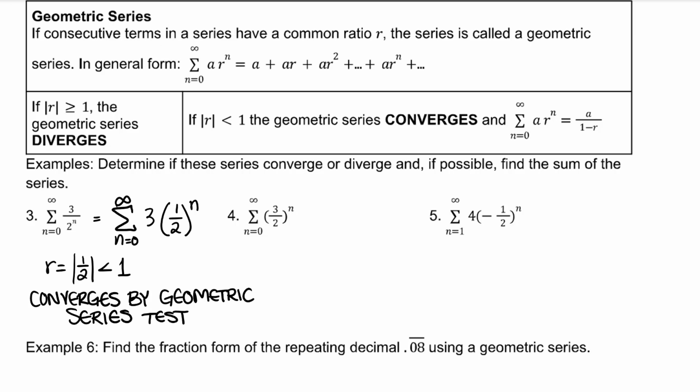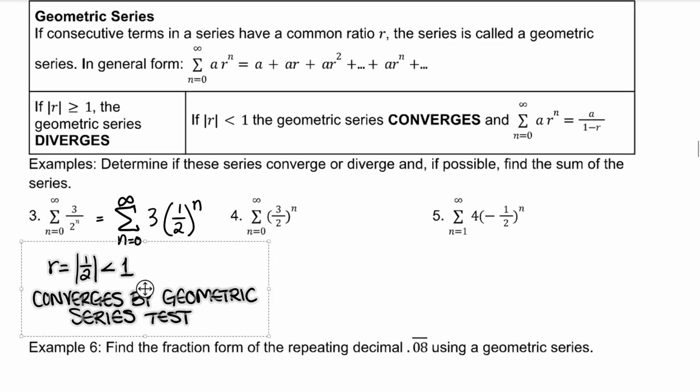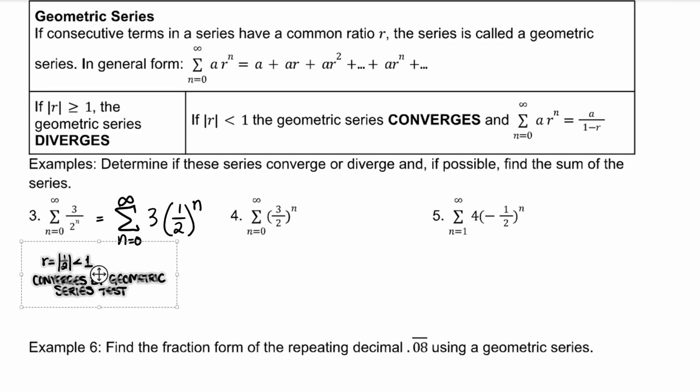Therefore, because this geometric series converges, we can actually find the sum by using the formula a over 1 minus r. a would be the first term, so plugging in 0 for n, we're going to get 3. Therefore, our sum would be 3 over 1 minus 1/2. This series converges to a sum of 6.